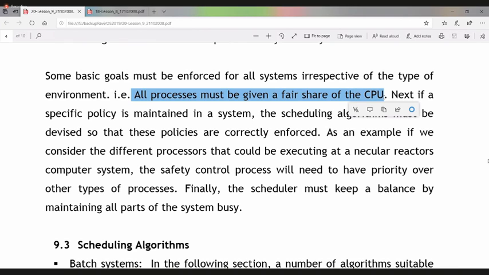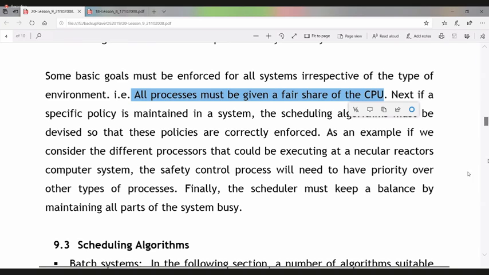You can't keep one process starving. Remember that dining philosophers problem? Everyone must eat at least once a day, right? So these are common goals to keep in mind.